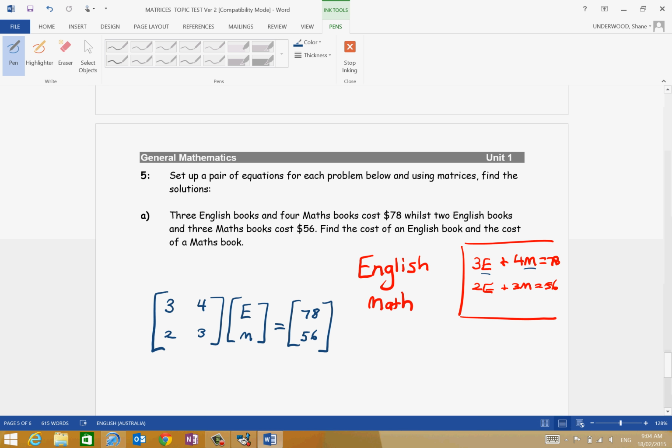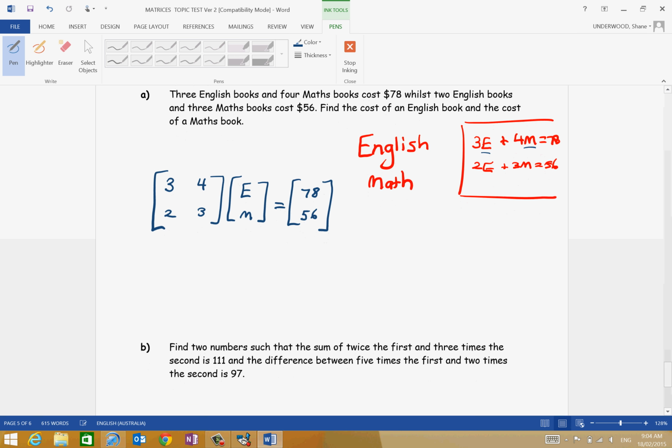Now, this is where you've got to remember your rule, because your rule is that if I'm finding matrix B, then that is equal to the inverse of matrix A times C. Let's have a look. This is matrix A, this is matrix B, and this is matrix C. So, just repetition is the mother of skill.